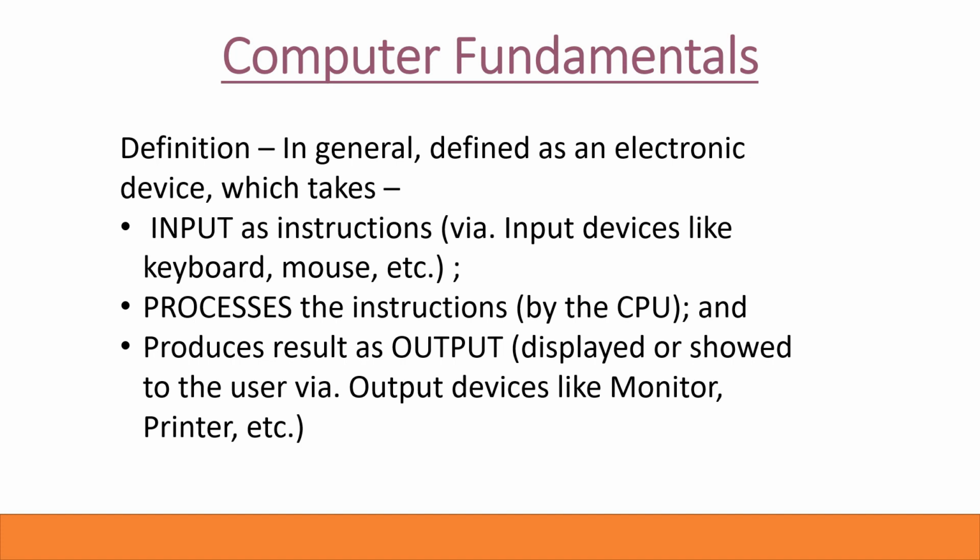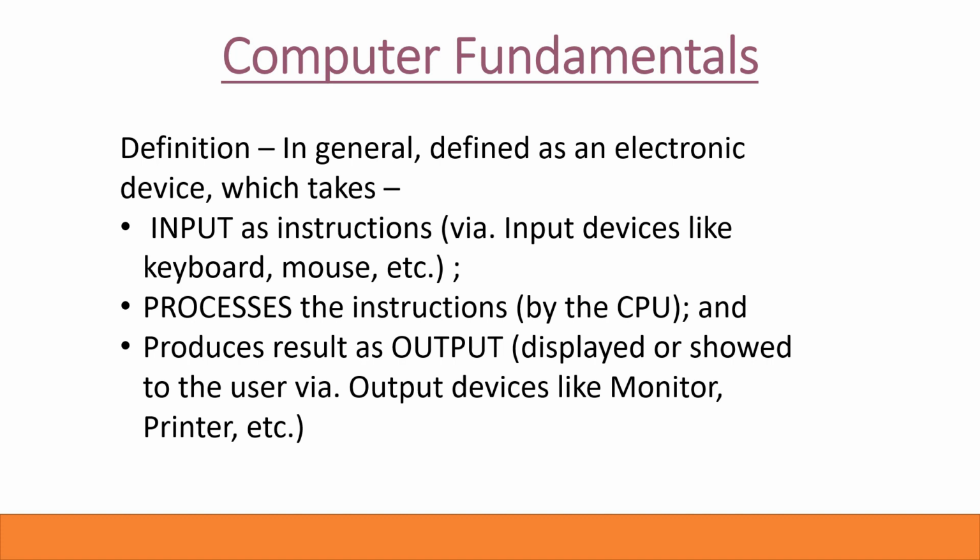After the instruction has been given, what happens? A result needs to be produced for the input that has been given by the user. Eventually this result is nothing but the output, which will be displayed to the user via output devices.